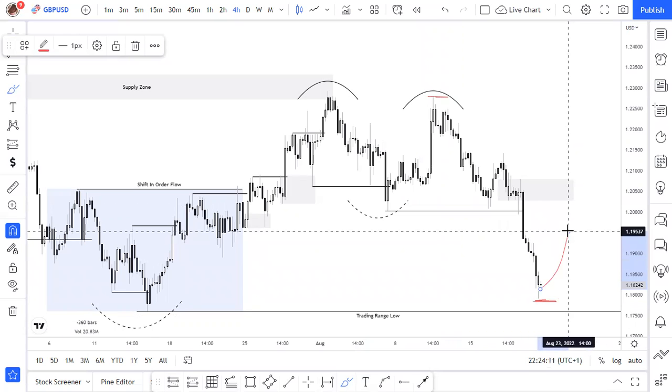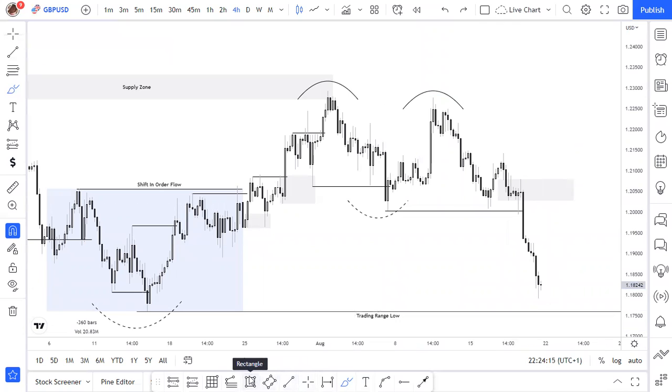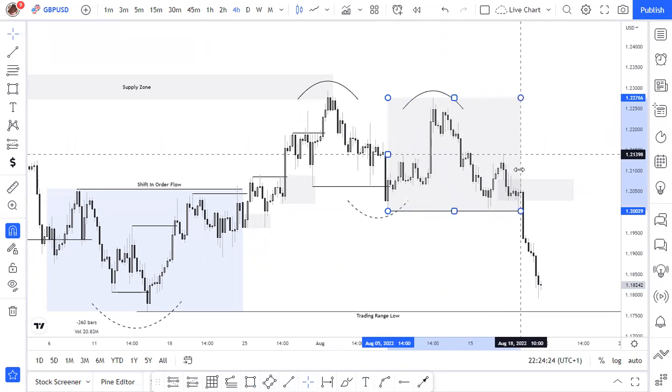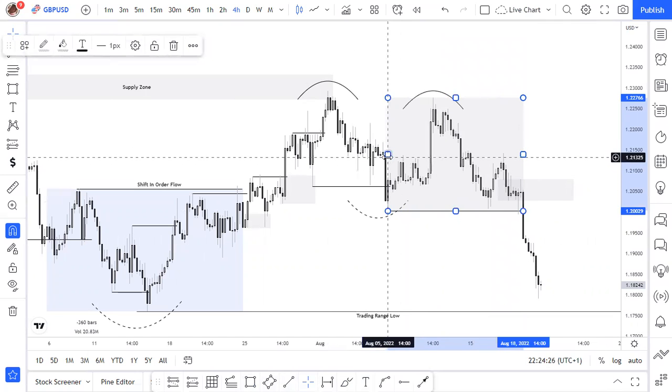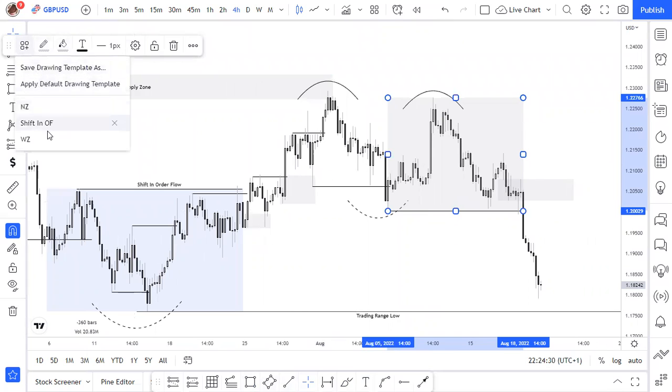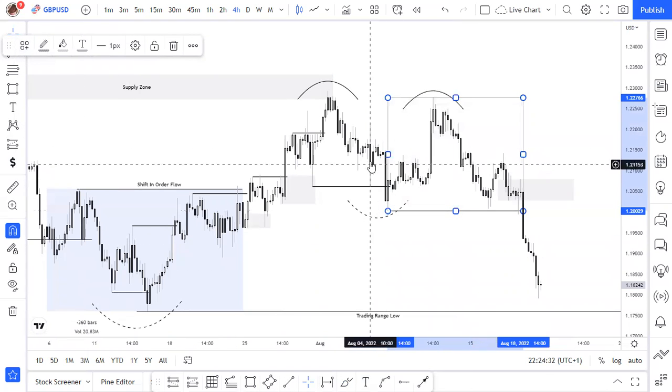So that's mainly what we are working with, and we can also say that this zone here, from this low here to the top of this range here, is our new supply range. So we can expect price to pull back.